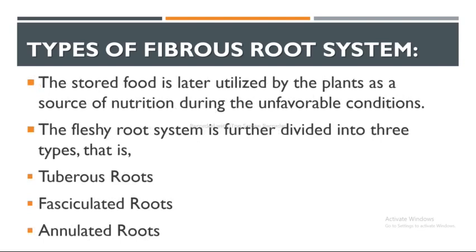The stored food is later utilized by the plants as a source of nutrition during unfavorable conditions. The fleshy root system is further divided into three types: first type is tuberous roots, second type is fasciculated roots, and the third type is annulated roots.